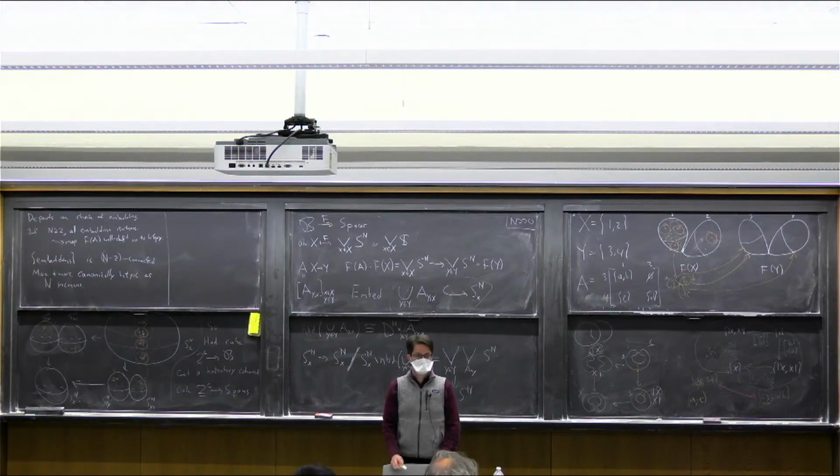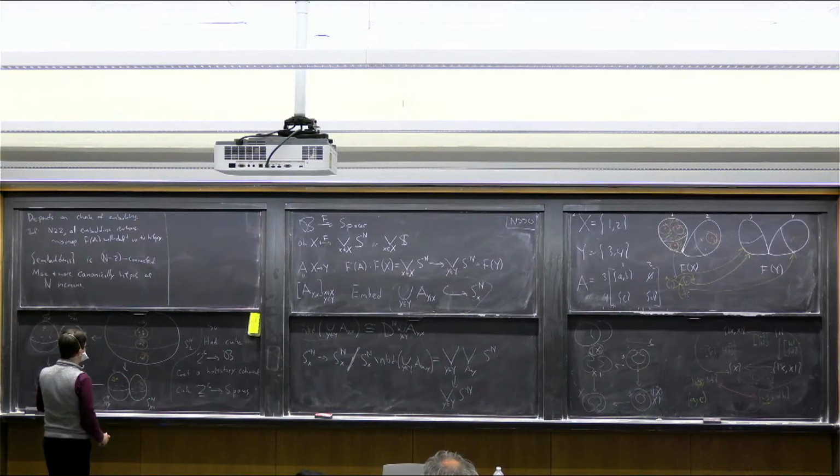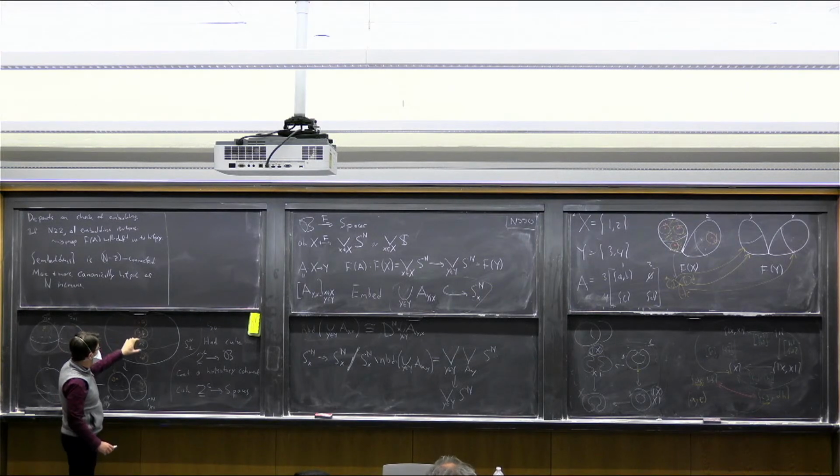Sorry, could you say again how you get the homotopy between these? Yeah. To specify the homotopy, I need to specify a family of embeddings that starts with this pair of points and ends with this pair of points, just inside this sphere. Yeah, that's right.